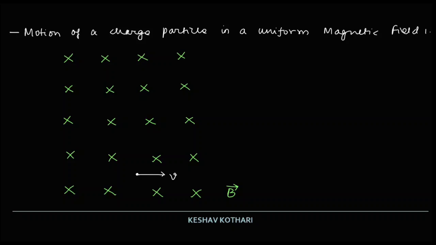As a result of the force F equal to qv cross B, the charged particle will start moving in a path like this and it will complete a circular path. The charged particle moves in a circular path because of the constant deflection produced by v cross B. As we have already discussed, the speed of the charged particle under the influence of a magnetic field will not change.